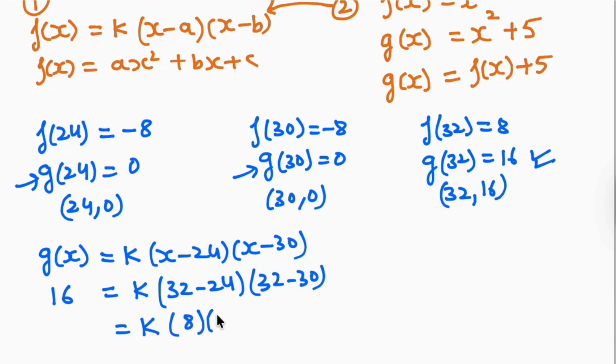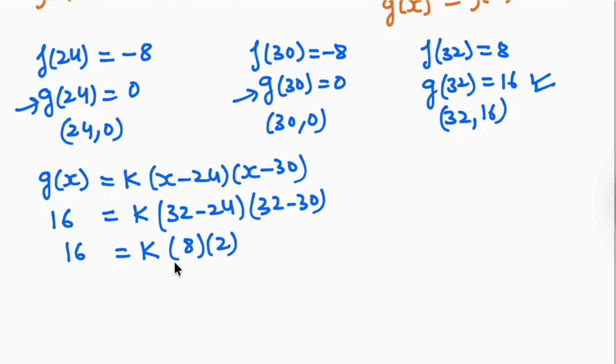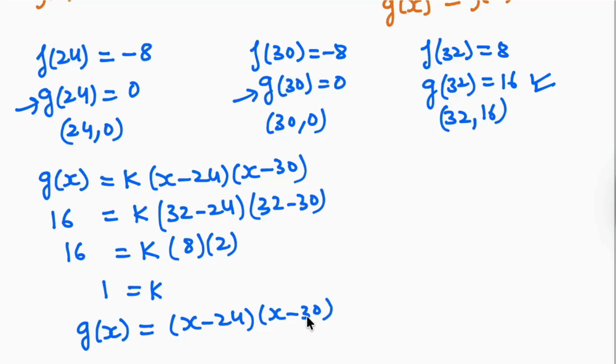This is 8 and this is 2, 16. So divided by 16 on both sides, k is equal to 1. Now I have the proper equation of g(x). So g(x) is equal to k, which is 1, times (x minus 24) and (x minus 30).